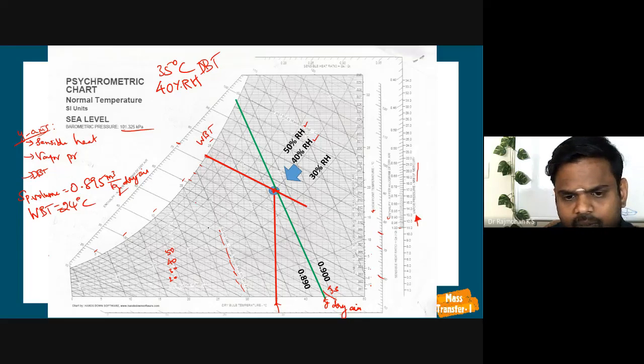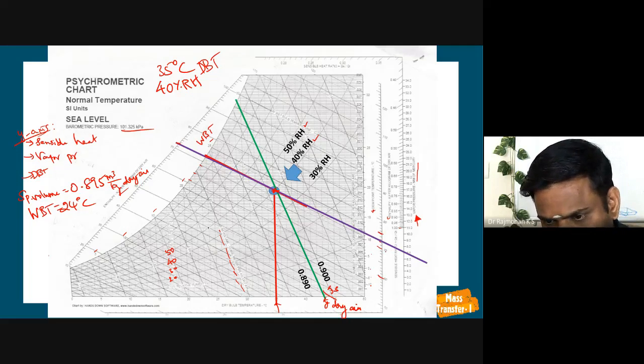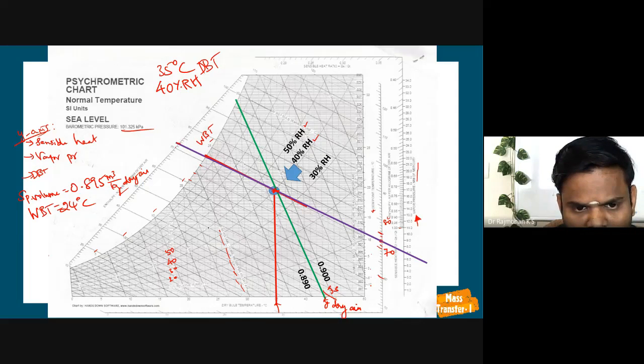Okay, similarly you proceed to get the value of enthalpy. If I go up to this line, there also you will get it, and I am going to get my enthalpy value. Here you can see it is 70, this is 80, so 71, 72, 73, 74, 75. Here also 70, 71, 72.